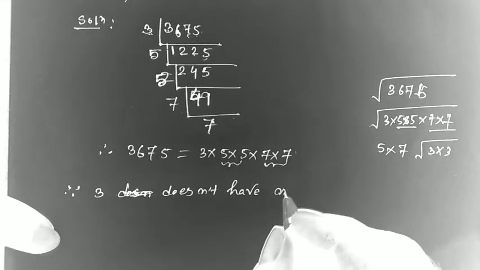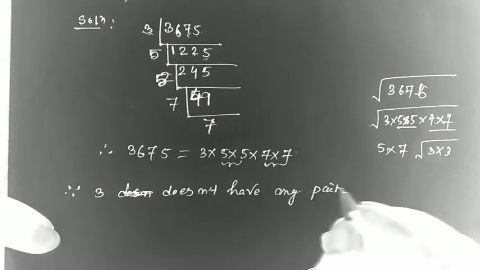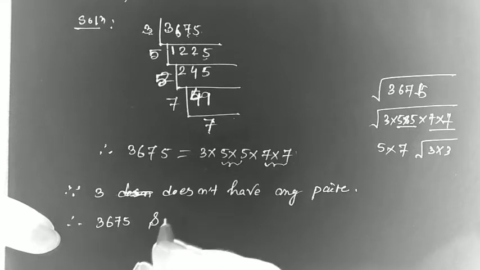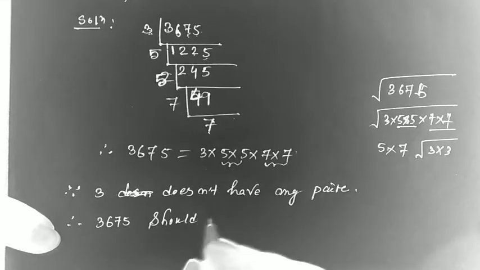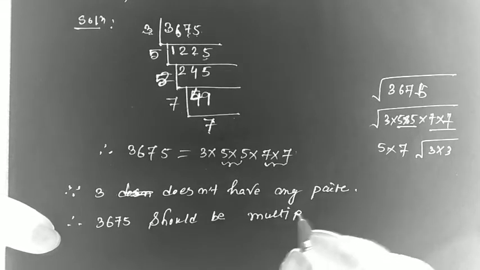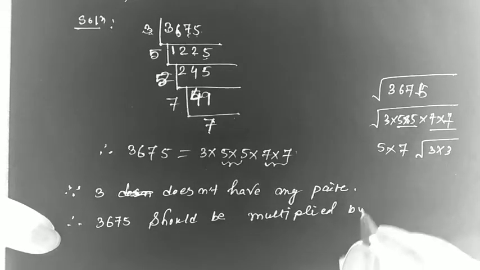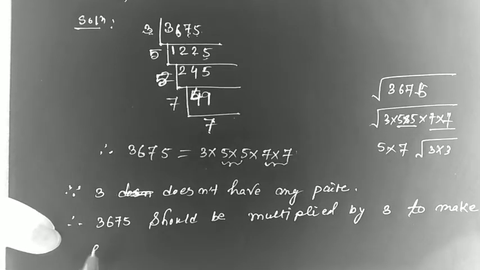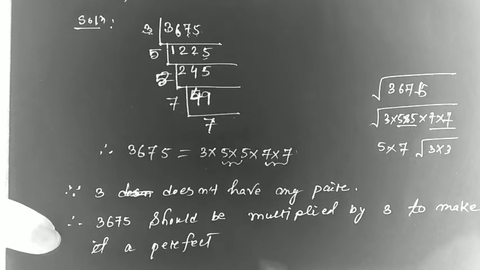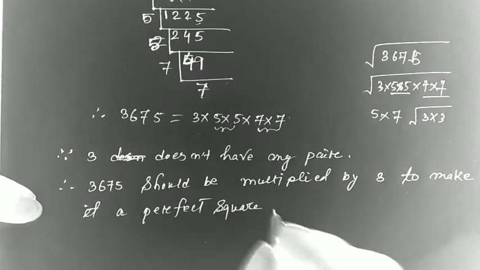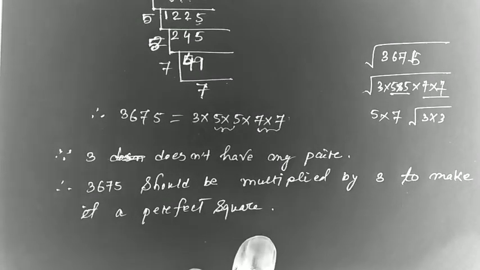Therefore 3675 should be multiplied by 3 to make it a perfect square. Other sums you will do in the same way, very easy sum.